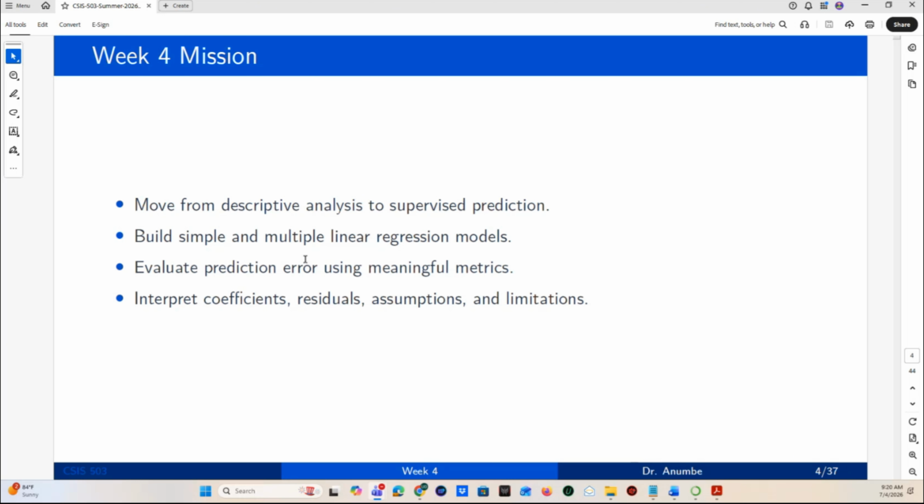The whole idea of EDA is to understand what has happened in the past, so historical data. But today we want to move from descriptive analysis to supervised prediction. Now that we have data from the past, how can we use it to begin to look into the future?